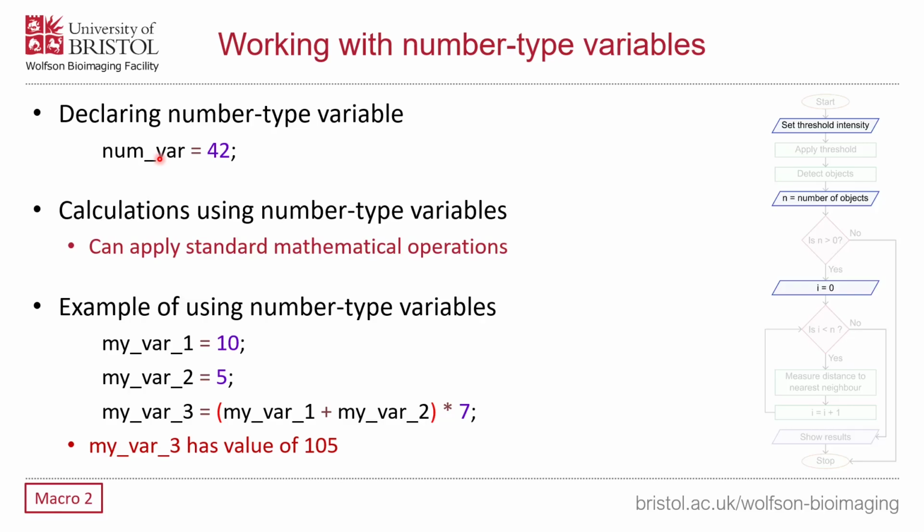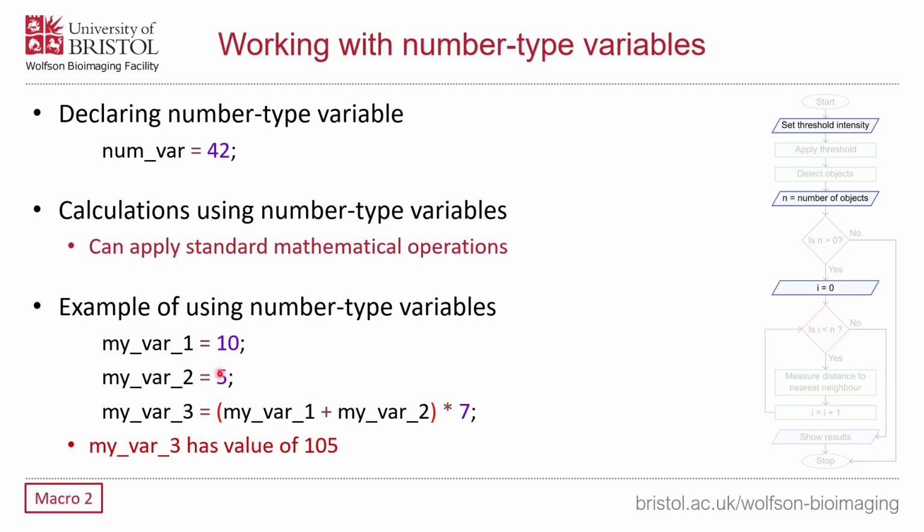Once we've got our numeric variables, we can just do standard mathematical operations on them. Got a quick one down here. So in this example, I've created another couple of variables. Again, the name here really is up to me, so I just called it my_var_1, but you could call it whatever you wanted as long as it stuck to those few simple rules. And I'm assigning that a value of 10.